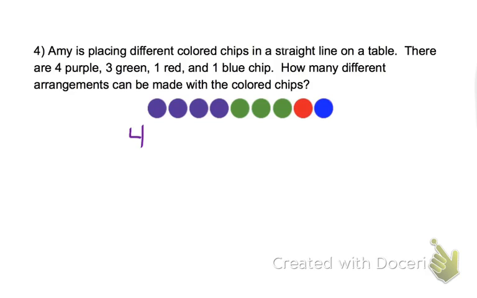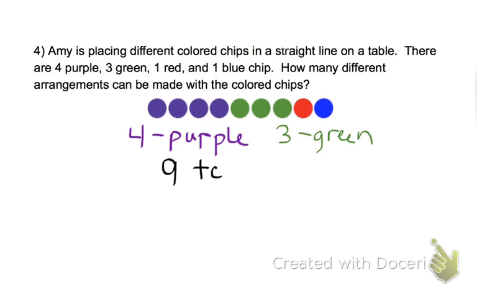We have 4 purple chips, and we also have 3 green chips. And in total, we have 9 total chips. So we're going to have duplicates because we have 4 purple chips and 3 green chips.